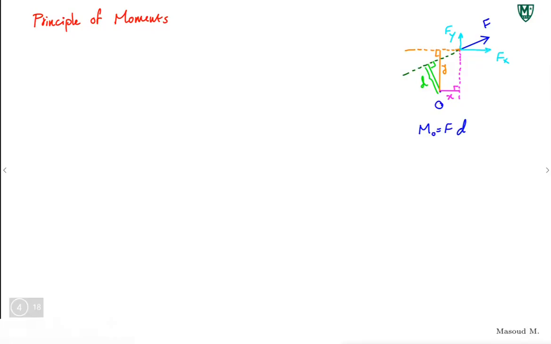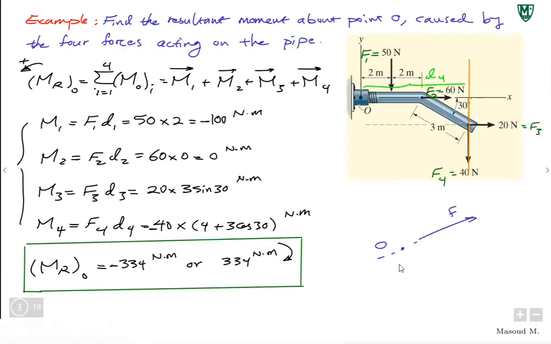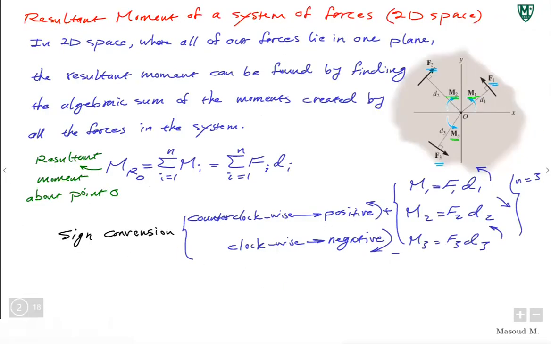So the resultant moment about point O would be Fx times y and Fy times x. These are two moments: one caused by Fx about O and one caused by Fy about O. Following what we did before, we took counterclockwise as positive.